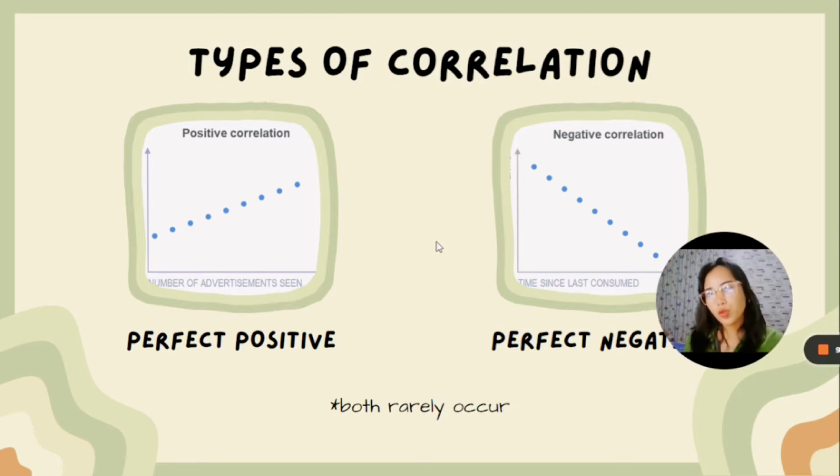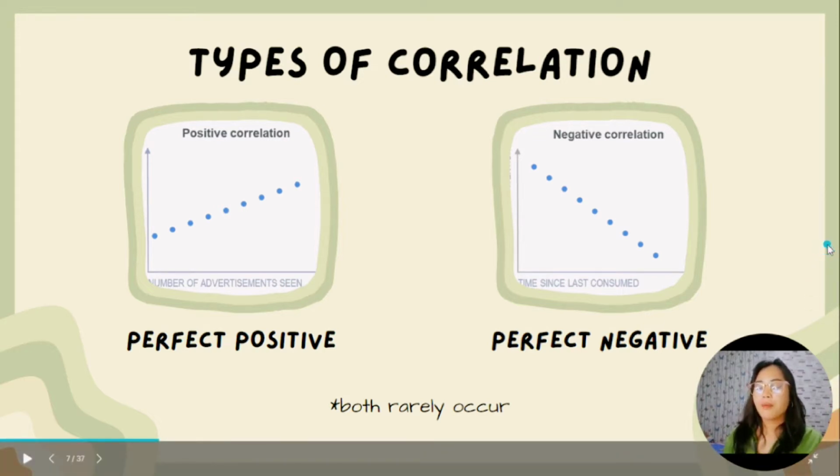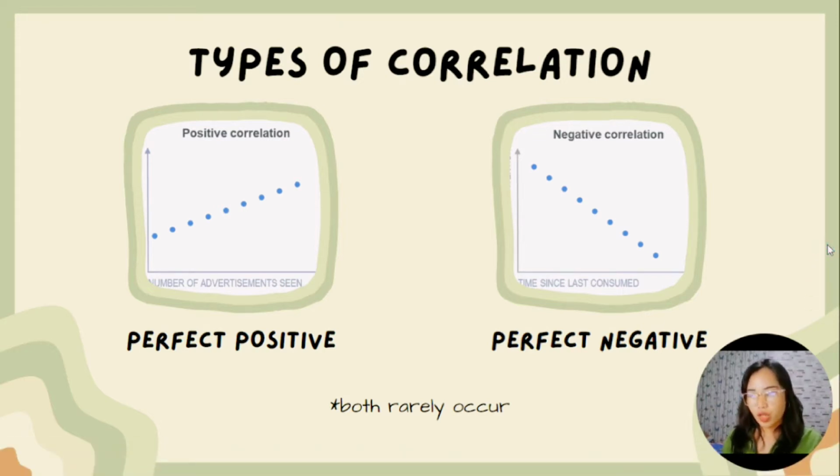Let me introduce to you the types of correlation. We have here the perfect positive correlation and the perfect negative correlation, and as we talked about earlier, both of them rarely occur. A correlational value of positive 1 and negative 1 rarely occurs.